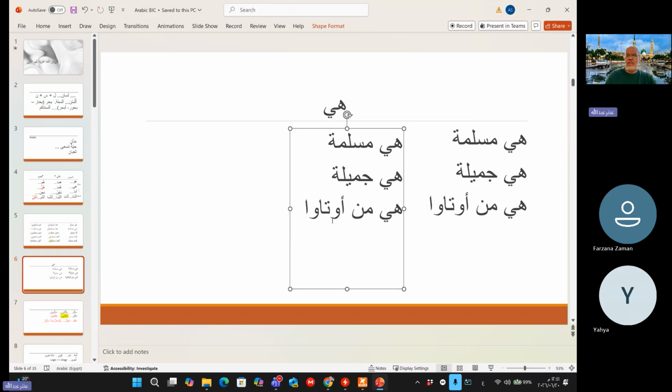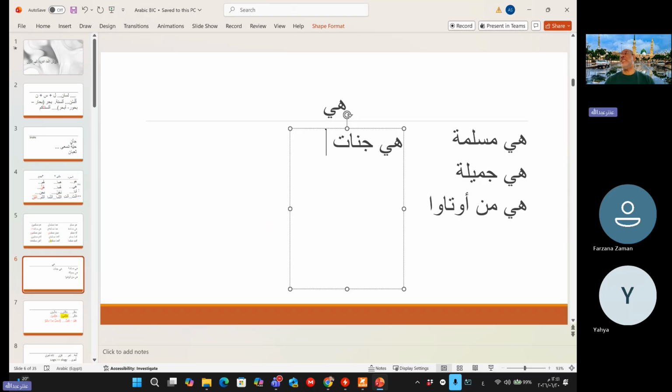Another use is quite different. Hiya Jannat. So hiya can be used with the plural inanimate, plural non-human. So you remember when we said we do not have "it" in Arabic?